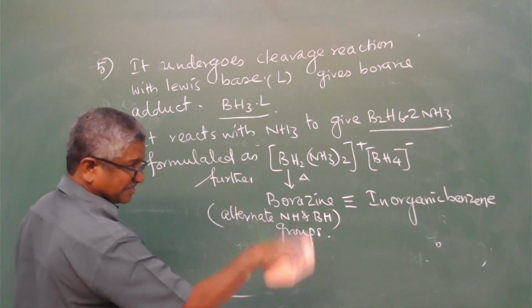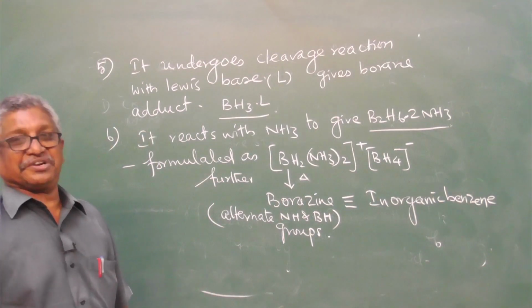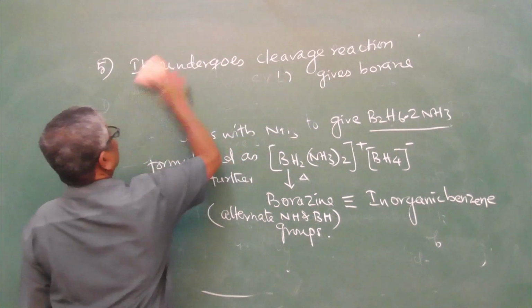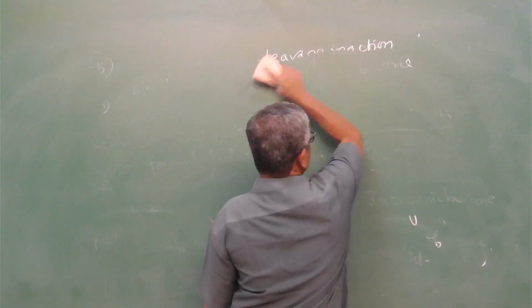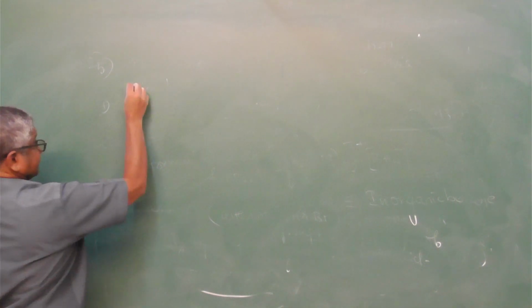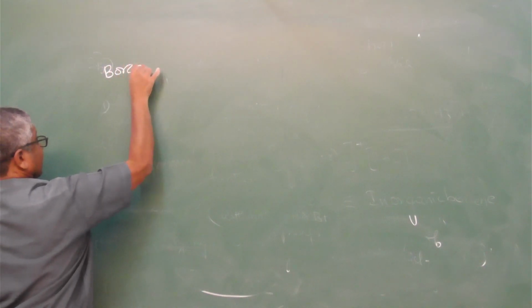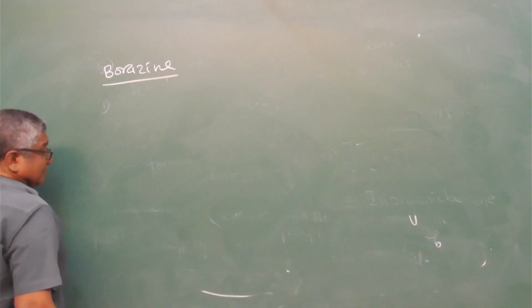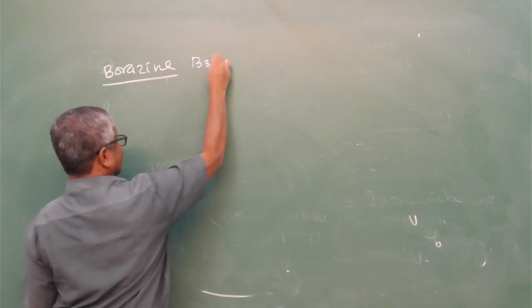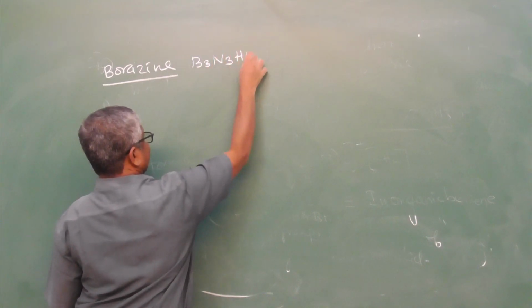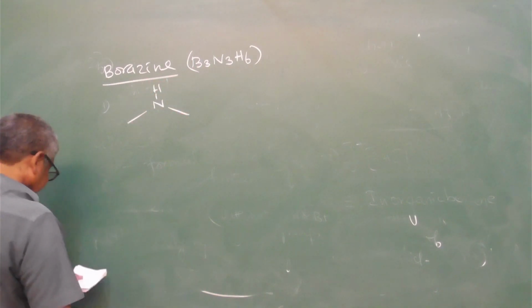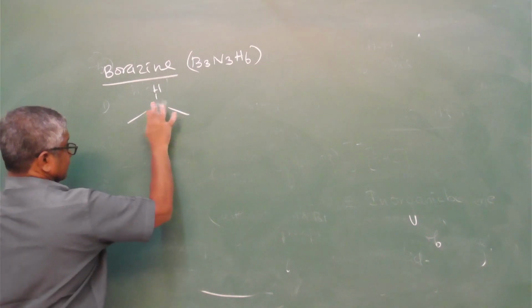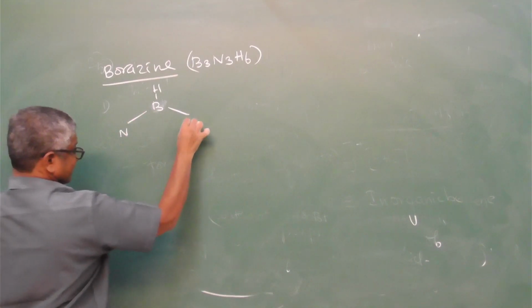We will be writing two structures: one is borazine, or inorganic benzene, and the other is diborane. Borazine formula is B3N3H6, nitrogen with boron, boron with nitrogen.